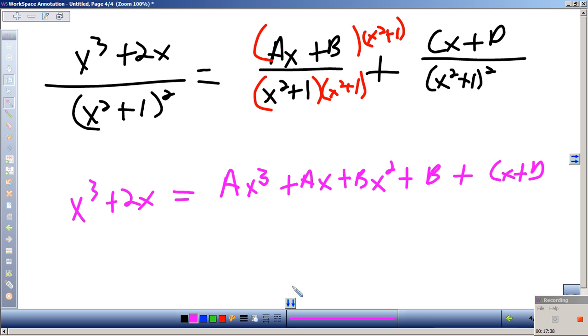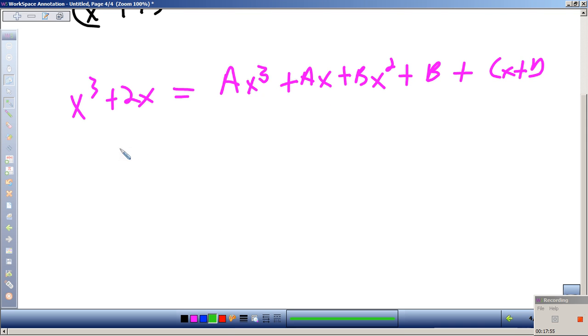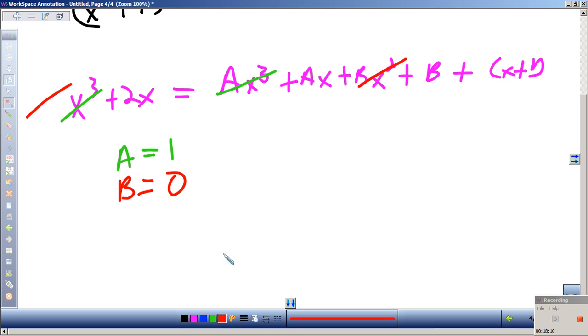Okay, how many variables do we have? 4. So how many equations are we going to need? 4. Let's start. First one, a equals 1. And that's going from x cubed. B equals 0. So that's here and here, because there's no squares over here.